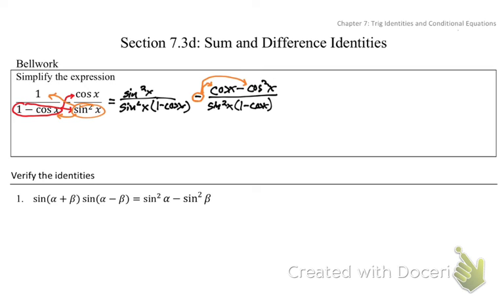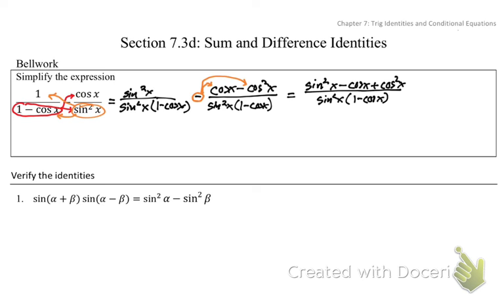So I'm going to distribute this negative to both things, which is then going to give me, on top, we'll have sine squared x. We're going to have minus cosine x. We'll have a plus cosine squared x all over sine squared x times 1 minus cosine x.